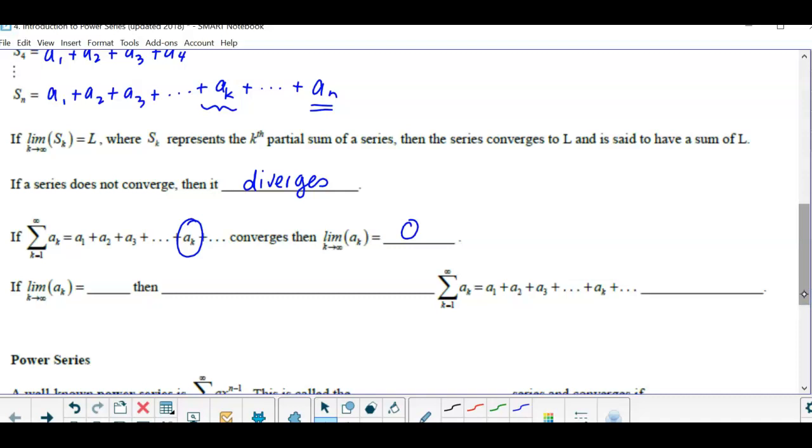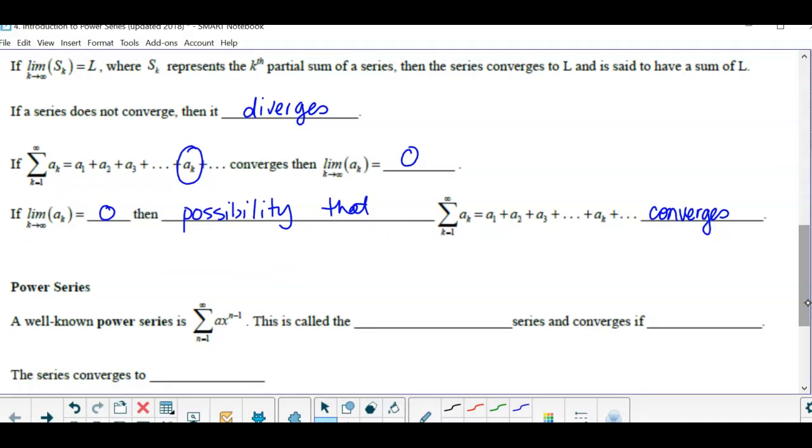But that doesn't guarantee that it does. So if the limit of the last term, as k goes to infinity, equals 0, then we say there's a possibility that the series converges, okay? If you find that it converges, then for sure the limit of the last term will be 0, but the other way, what's just written there, isn't guaranteed.